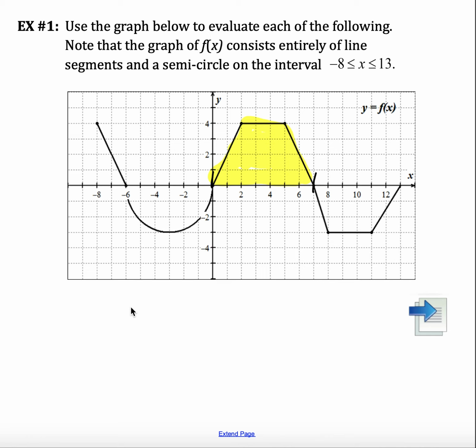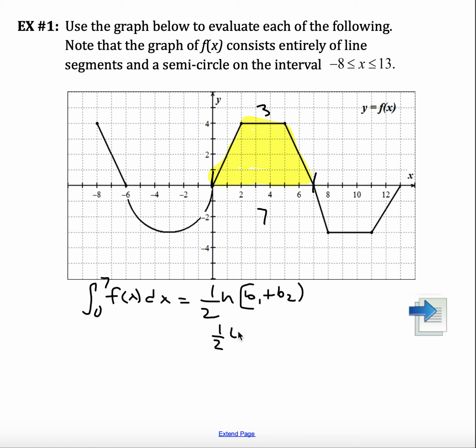So we could analyze this area, the integral from 0 to 7, as the area of a trapezoid, which is going to be 1/2 the height times base 1 plus base 2. So I see that base 1 is 3, and this base is 7. I get my height of 4.